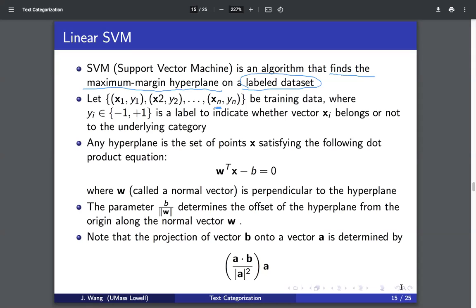And each of these yi is a label. As we said, we use -1 to indicate it is negative and +1 to indicate it is positive, because we are classifying these data points into two classes, particularly, as we said last time, in medicine. All these tests are designed to test whether a particular person has something.